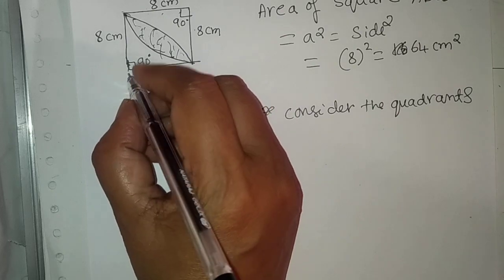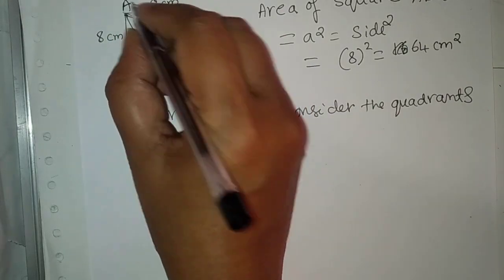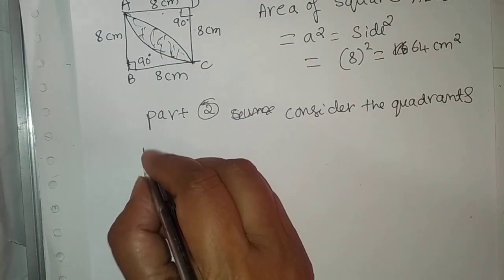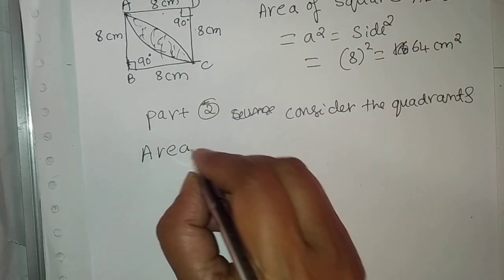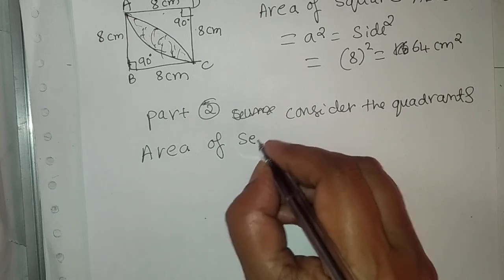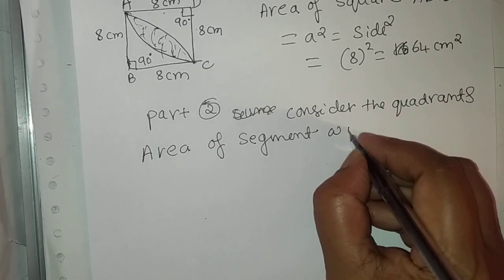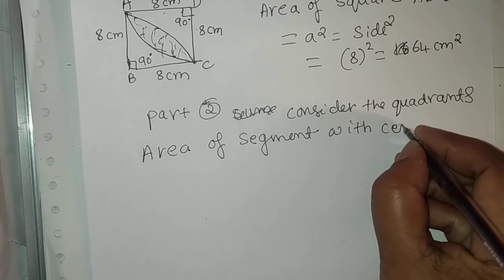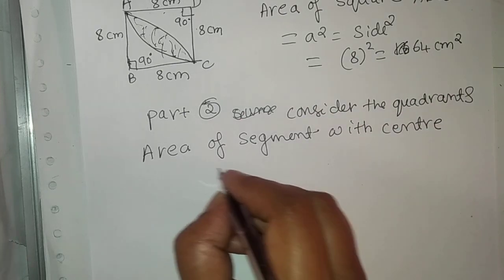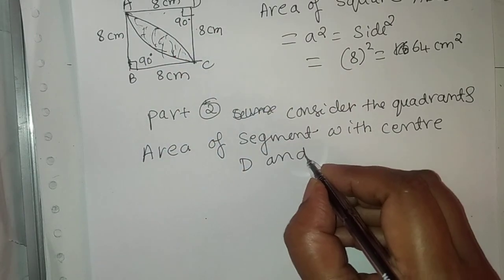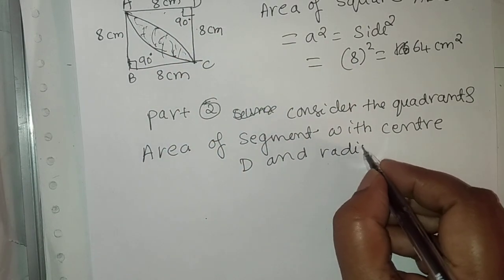This is, we'll take this as A, B, C, D. Considering the quadrant, we'll write one more line. Area of the segment with center D and radius 8 centimeters.